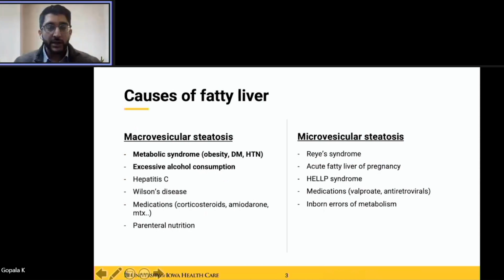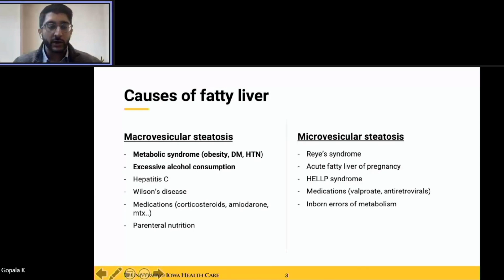Broadly, we can classify it into microvesicular and macrovesicular based on biopsy. All this means is, macrovesicular means the globules of fat are very big, microvesicular, they're small. Some of the causes of microvesicular are Reye syndrome, acute fatty liver of pregnancy, HELLP syndrome, and certain medications like valproate and antiretrovirals.